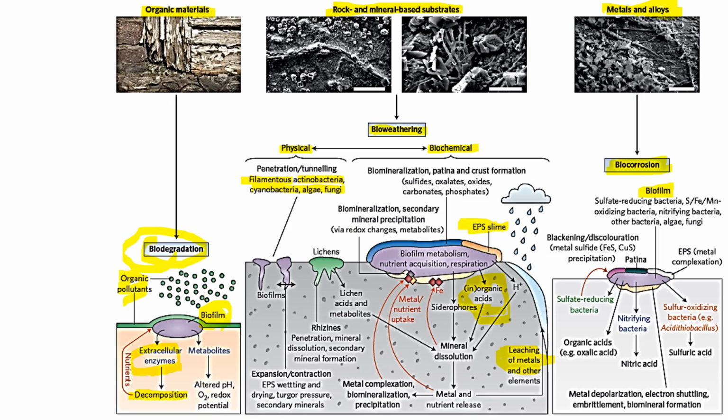Again, you can see the formation of biofilm and EPS, and one particular technique called metal complexation, that is, converting the element from ion form to compound form using redox potential, is one way of how they deal with metals and alloys when they face them in nature. So these are some of the basic mechanisms of how a microbial cell encounters different materials in nature.